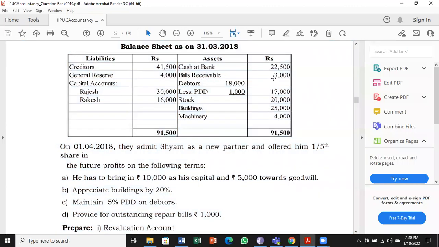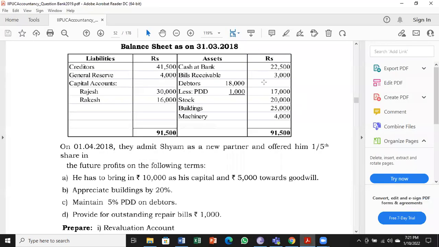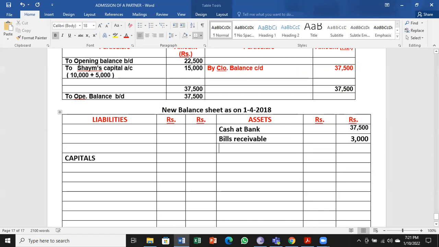Next is bills receivable. We don't have any adjustment for bills receivable. So same amount, 3,000. Next, debtors, 18,000 in the inner column. Remember, less PDD. The rule says that it should be only 5%.